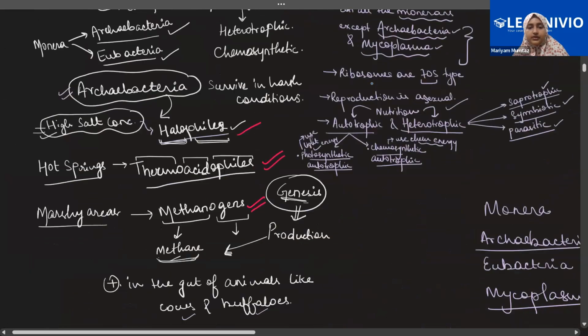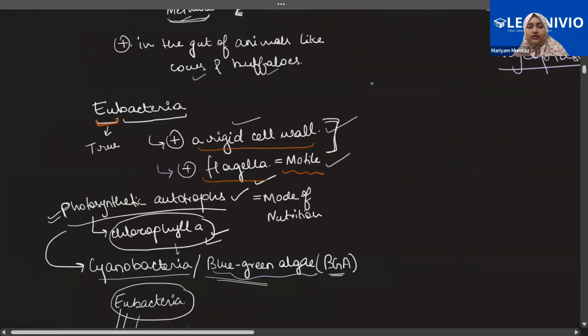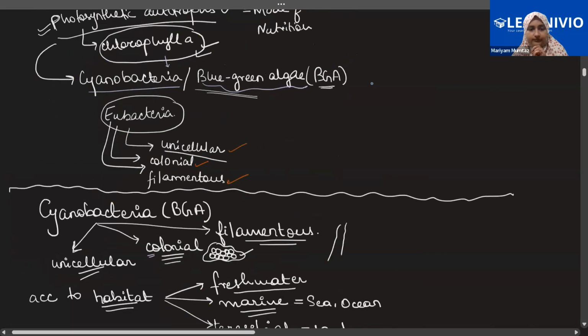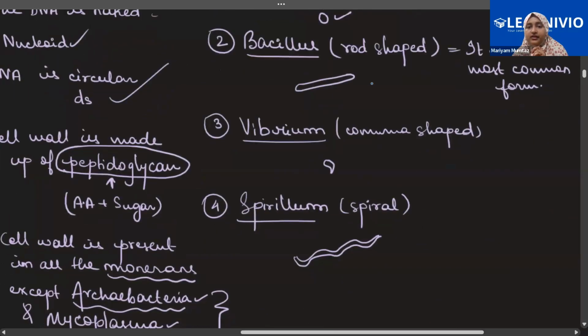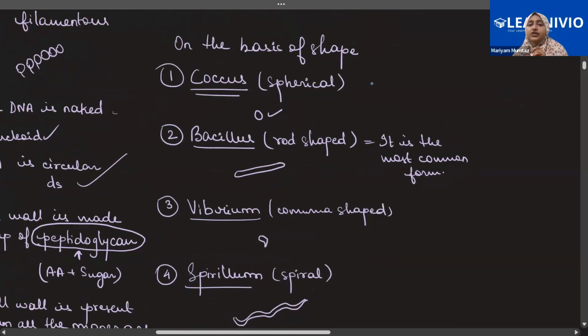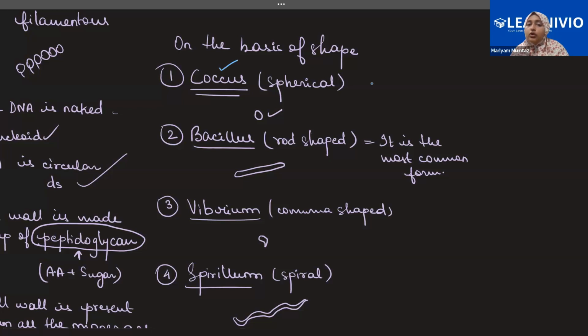Okay. Now, talking about this thing. The monerans, if they are divided on the basis of the shape, the bacteria can be of 4 types. They can be coccus if they are spherical in shape. Spherical is a coccus shape. Then they can be rod shape, that is known as bacillus.